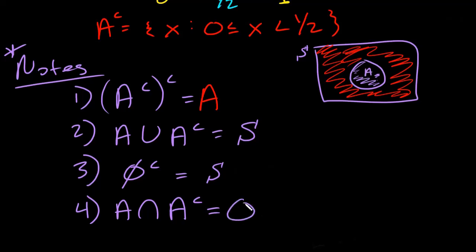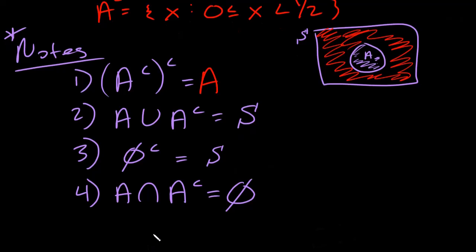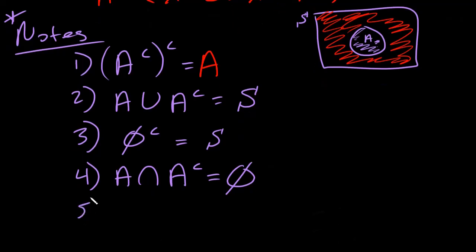So there's nothing. That's the empty set. And lastly, the complement of the sample space. The complement of the entire sample space would be nothing. The opposite of everything is nothing. Similarly, the opposite of nothing is everything.